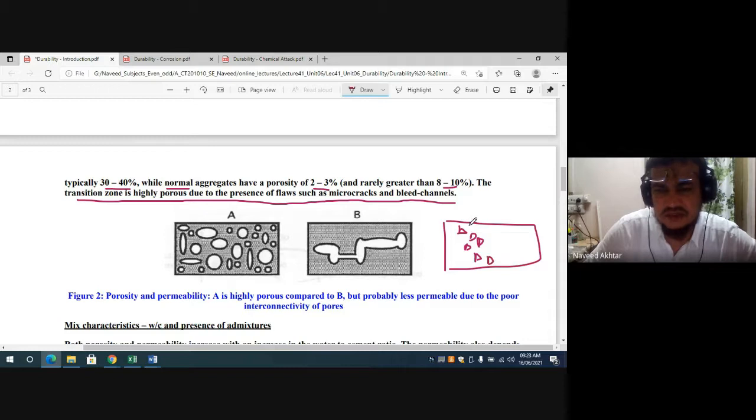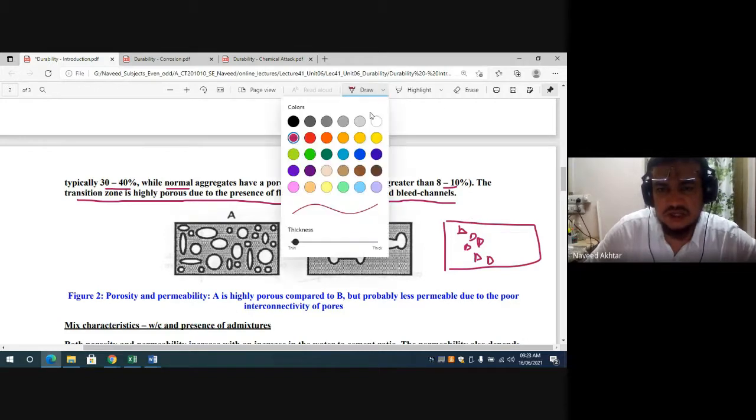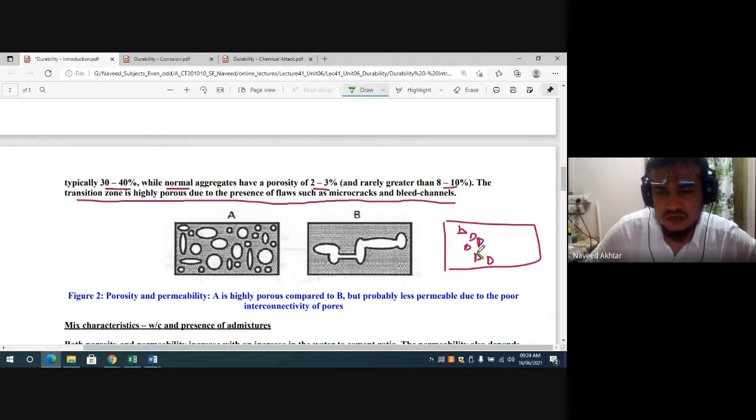So what happens sometimes is that if water is present in the aggregate, it will rise through the surface of the aggregate, making a channel, and these channels create a weaker zone. These channels are creating the weaker zone along the surface of the aggregate, and there is more porosity there than in other places.